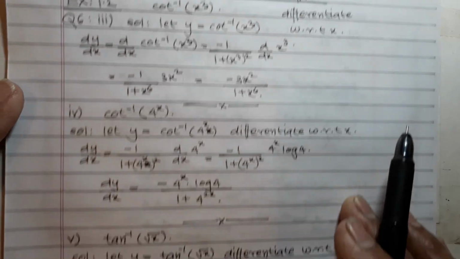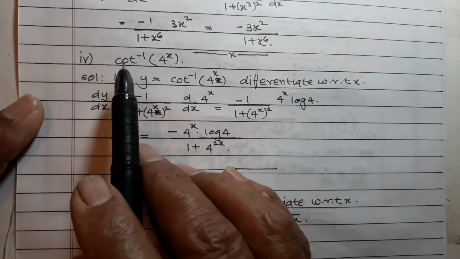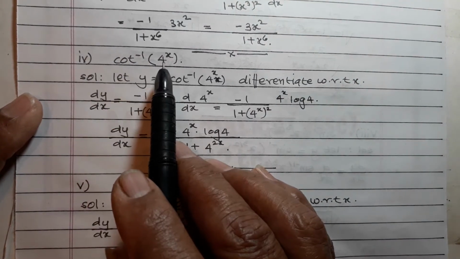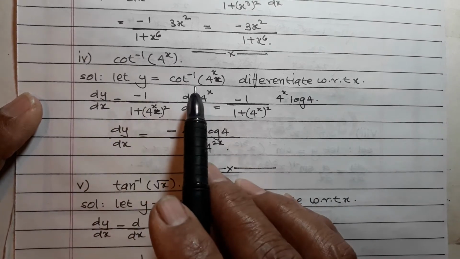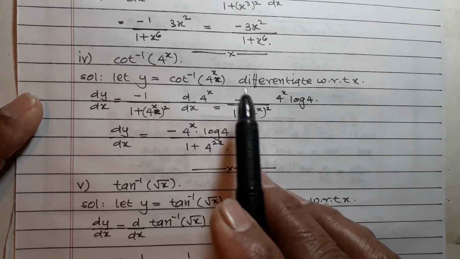Okay. Question number 4. Cot inverse 4 raised to x. Let y is equal to cot inverse 4 raised to x.